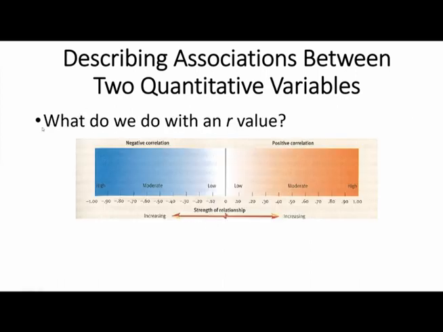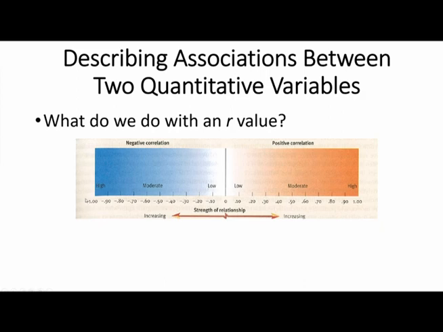So if we're going to hand wave our calculations of R for right now, I'm going to give us a brief reminder of what an R value is telling us. So what is it that we're doing with an R value? Our R is going to give us an idea of whether it is a positive or a negative correlation.